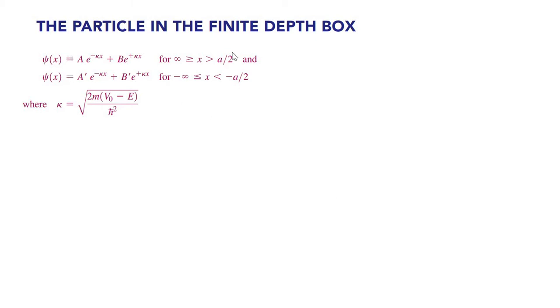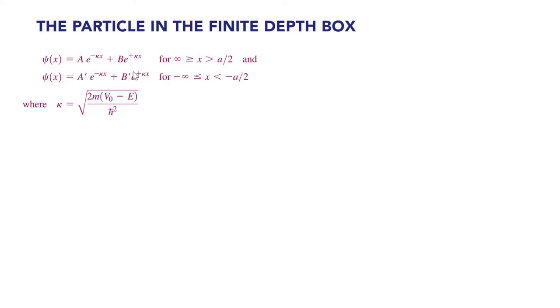One is for the right hand side of the box, that is x greater than a by 2, and another is for x less than minus a by 2, that means the left side towards minus infinity. So these are the two wave functions. You must not ask me the question, sir, how did you get these wave functions, because I am skipping the mathematical details of solving the equation as such, but that is not important. Important is to analyze the function and to go further a little bit.